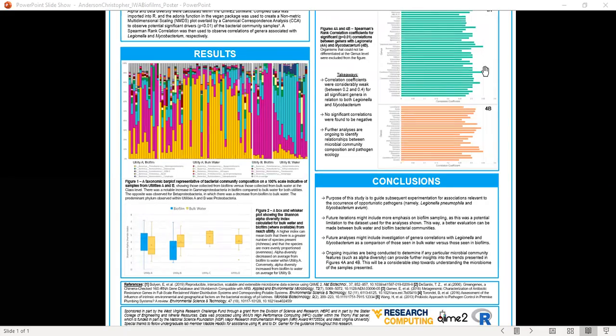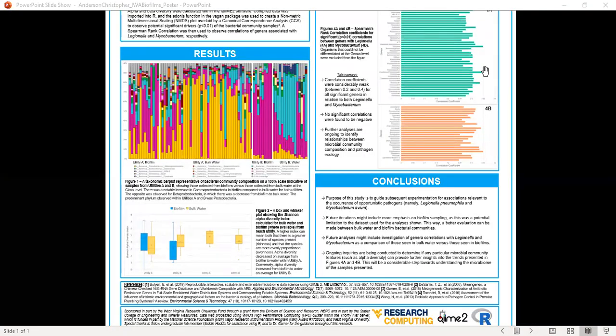Or similarly, a physical condition of the water, such as the flow rate or a chemical residual, and how it might affect the presence and abundance or the ability of opportunistic pathogens like Legionella and Mycobacterium to thrive in the drinking water environment. So to that end, the majority of this research so far has been searching for clues to then allow us to make more specific conjectures and more direct experimentation later on in the lab.